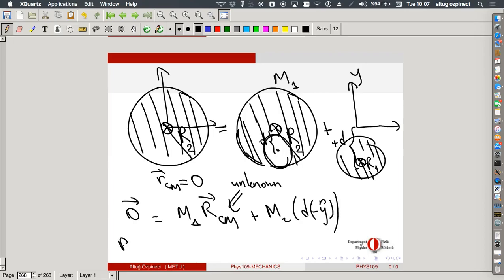Now we know what our center of mass is. This is equal to m2 over m1 times d in the y hat direction.